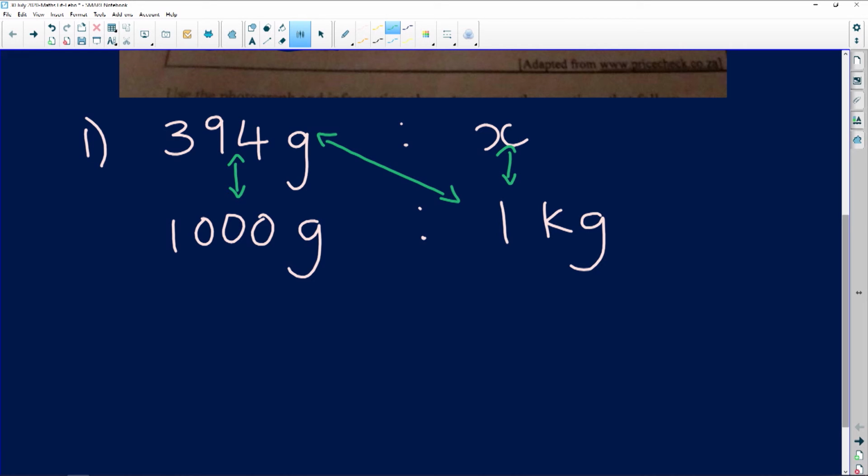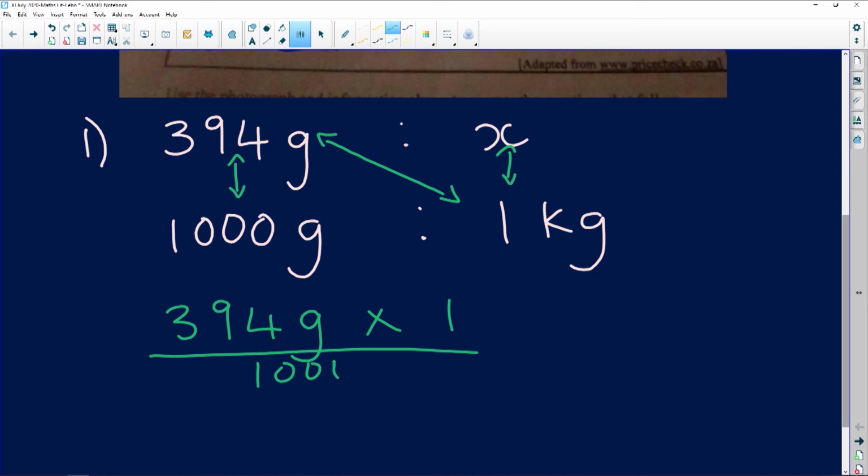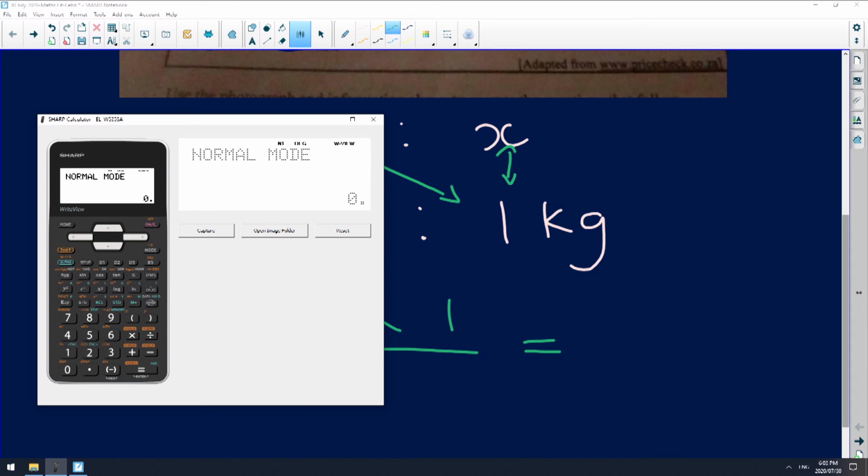What am I going to say? I'm going to say 394 grams times 1 kilogram divided by 1,000 grams. And that for me is then going to give me exactly what I am looking for. So that is going to be 394 times 1 divided by 1,000.